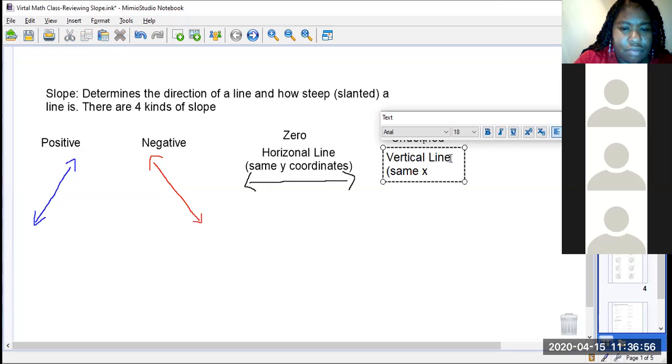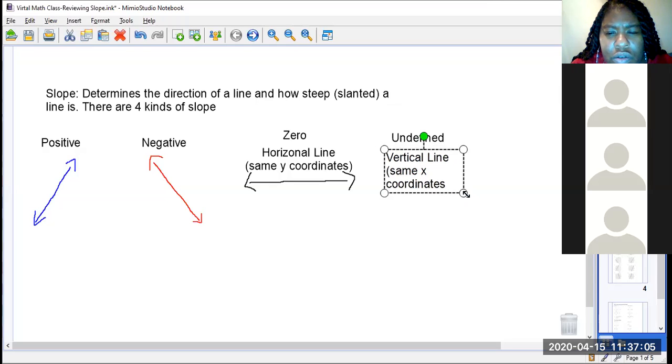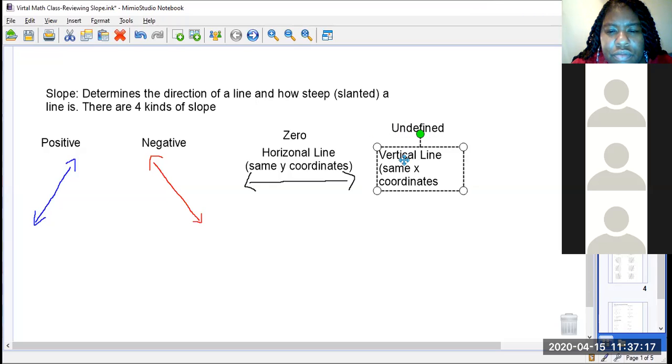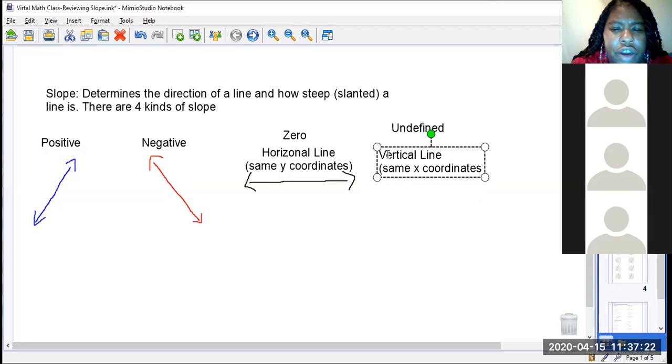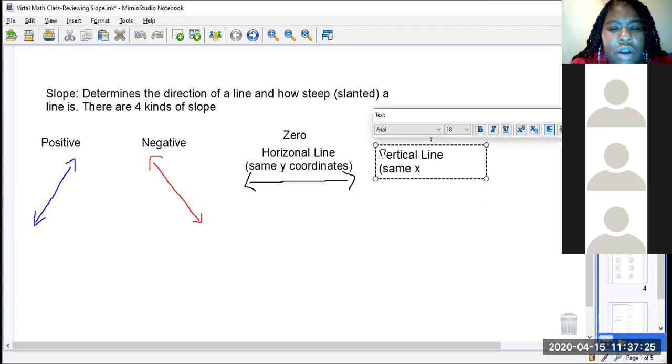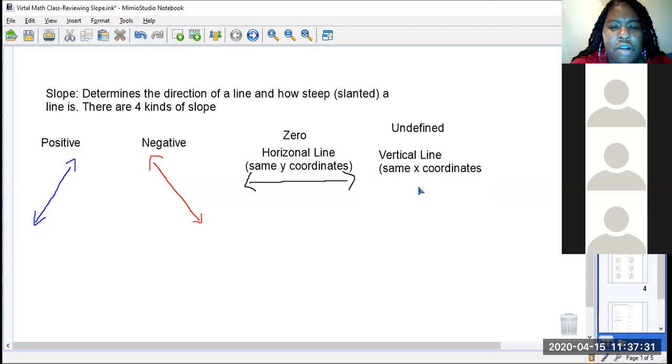X. So same X coordinates, and it is a vertical line, and hopefully y'all can see this green.